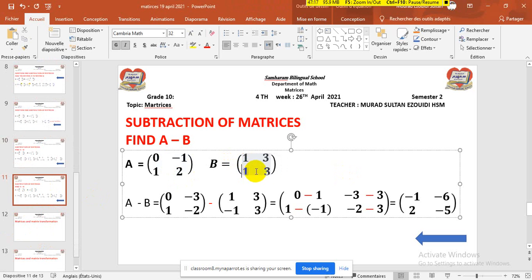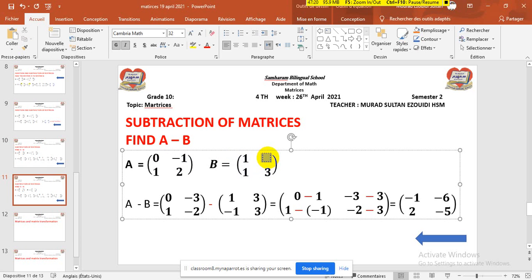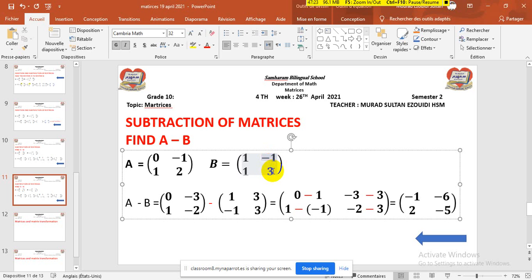Okay, 1 minus 1, so it will be 1. Clear? This is minus 1. So we have two matrices. The matrix A is 0, minus 1, 1, 2. The matrix B is minus 1, minus 1, 1, 1. Okay? The question is, find A minus B.